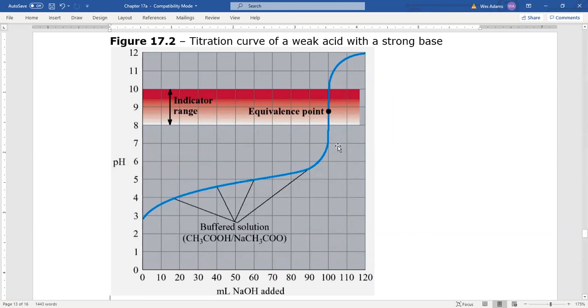But then you still get a steep increase, where the equivalence point's about halfway up this inclined portion. But notice it falls in the basic range, which weak acid with a strong base works very well with phenolphthalein because you're very close to the end point. And then it would flatten out as you continue to go.